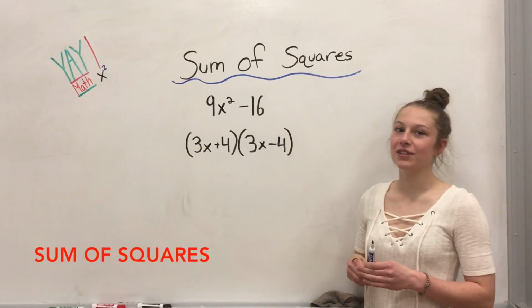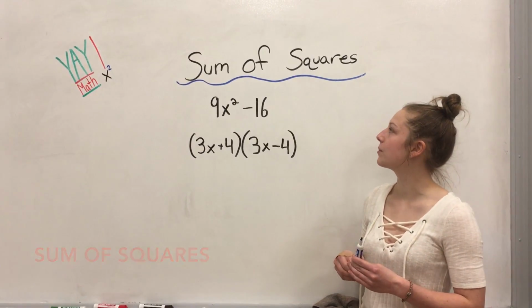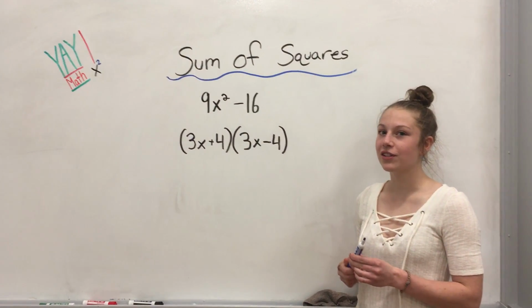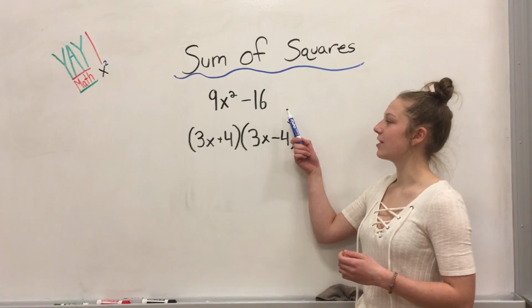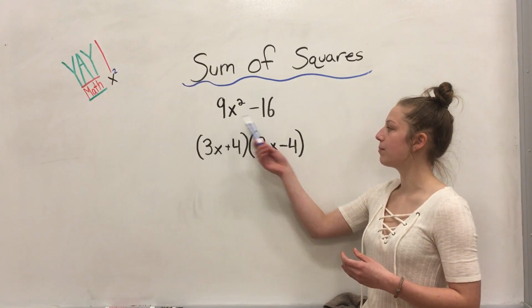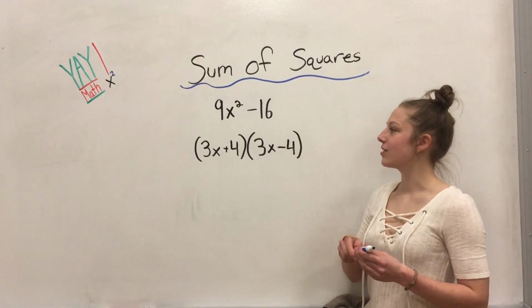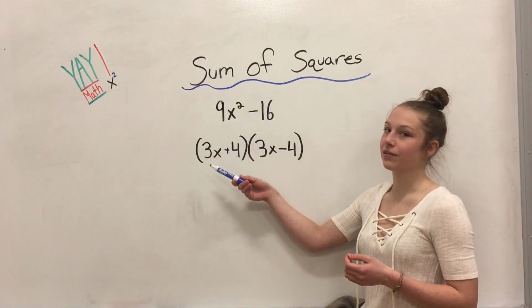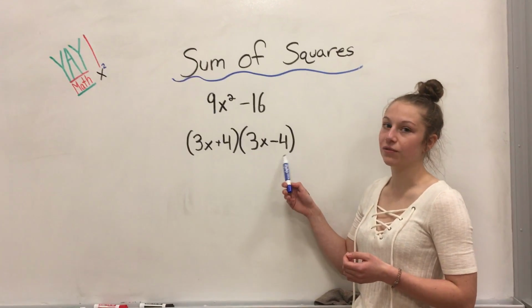In this lesson, you'll be learning another form of factoring, which is sum of squares. So for sum of squares, you will get an equation such as this, 9x squared minus 16. And as you can see, both of the numbers are squares. So for this, the square root of 9 is 3, and the square root of 16 is 4.